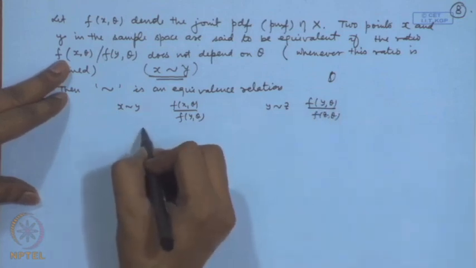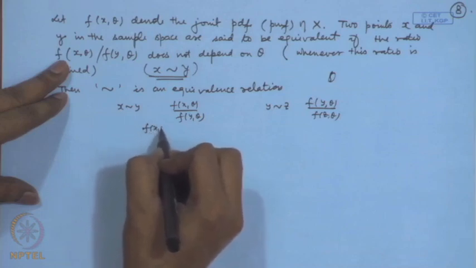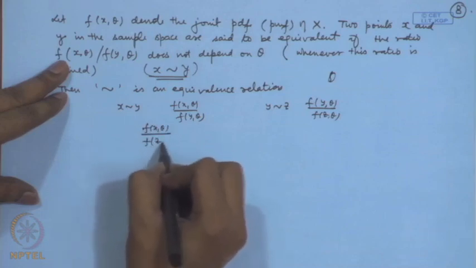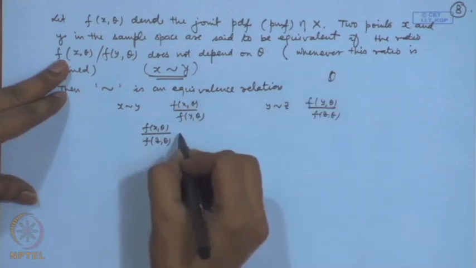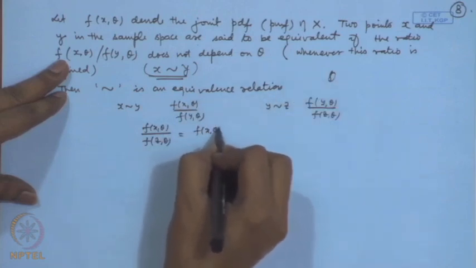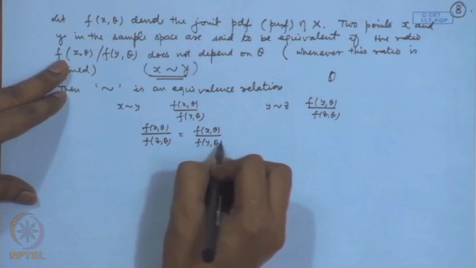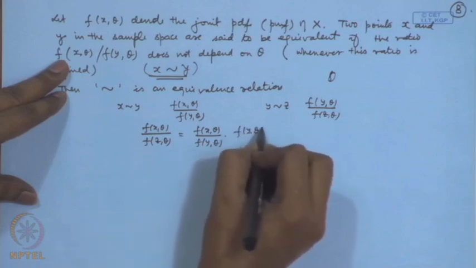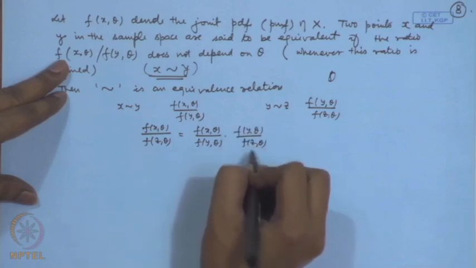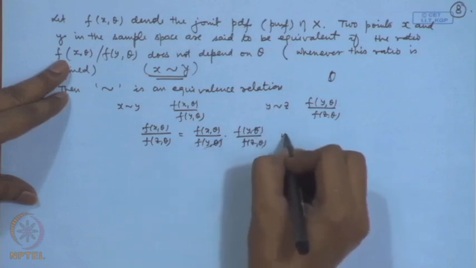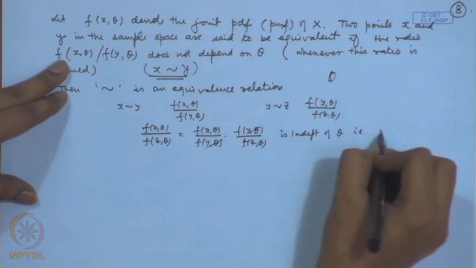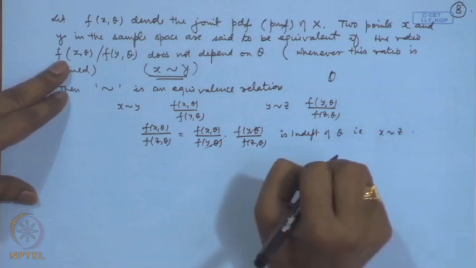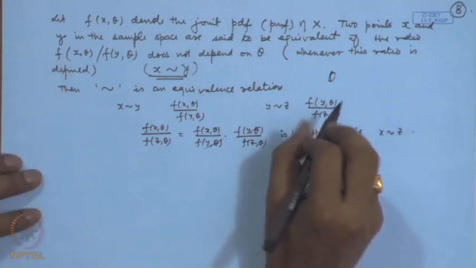So, if I consider f(x, theta) by f(z, theta), then that is equal to the product of these two terms. So, that is also independent of theta, that is we can say x is equivalent to z. So, the relation is also transitive.